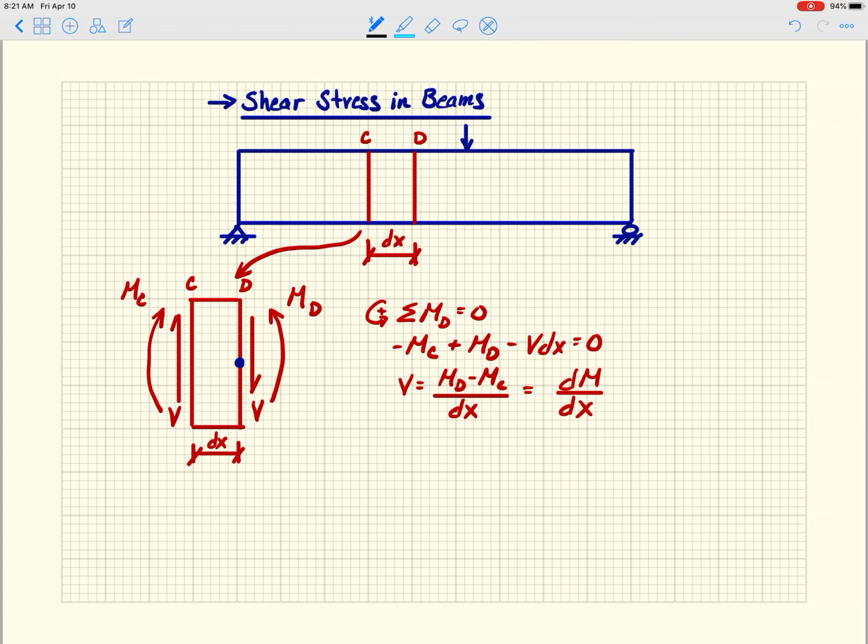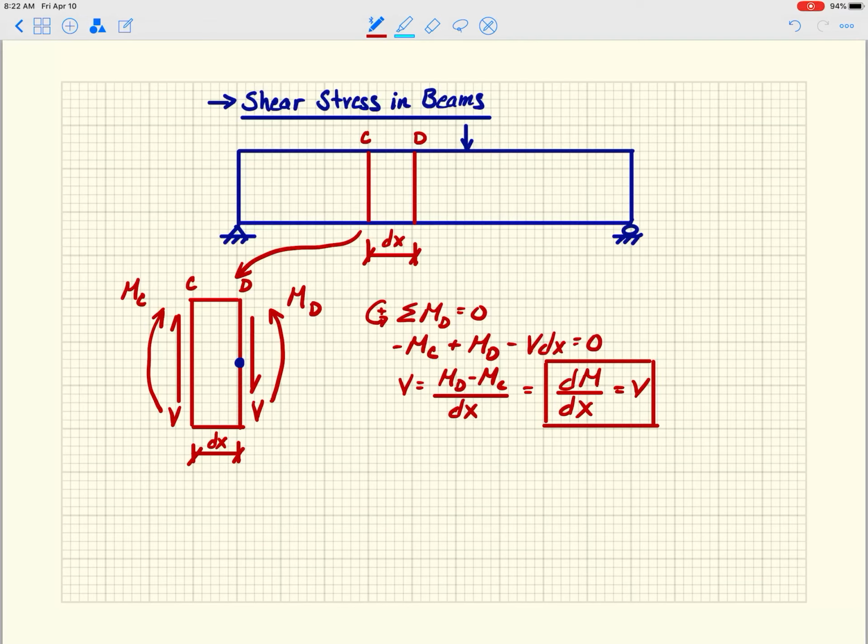We've taken this little cross section out, this infinitesimal slice dx. We've noticed that on the left-hand side I have MC, on the right-hand side I have MD. They're not necessarily the same because moments can have a gradient. And when those moments have a gradient, all of a sudden I need a shear force.